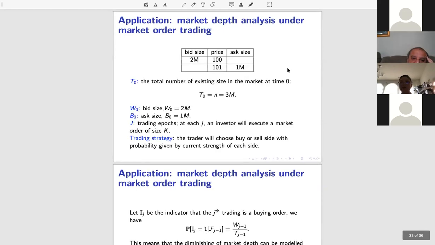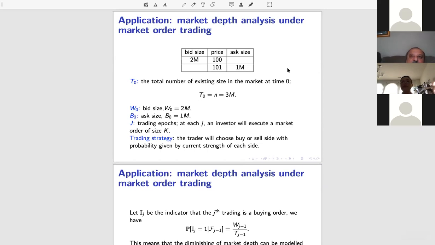And if the investor sees this data, the investor will have probability 2/3 to be on the buying side. So if the investor is on the buying side, the investor will execute a market order of size K, but these orders are buying orders.